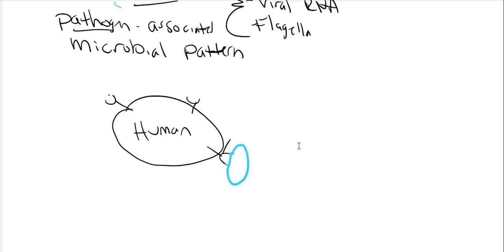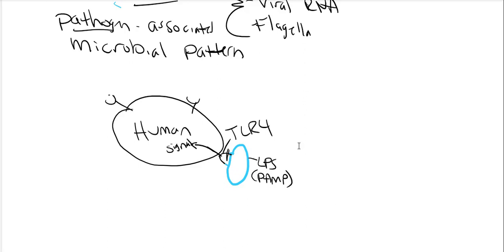For example, if this is TLR4, it's recognizing the LPS PAMP that's on the surface of the bacteria. What happens when these toll-like receptors notice these PAMPs is it sends a signal to the inside of the cell.